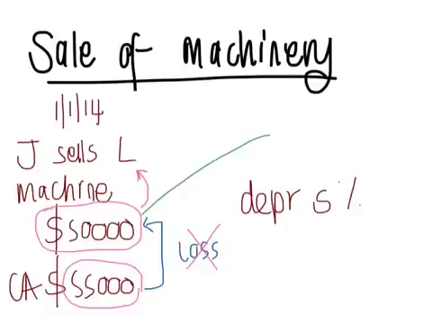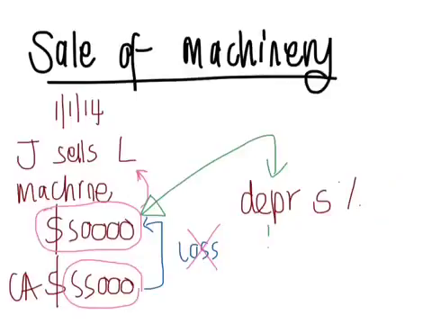Well, the one is that the depreciation in the underlying accounting records, so in Laura's own set of accounting records, would be based on 5% of their cost of the machinery, so what they bought the machinery for.